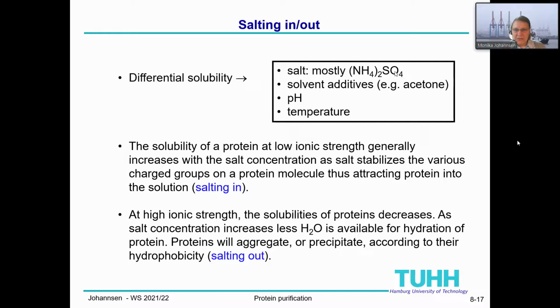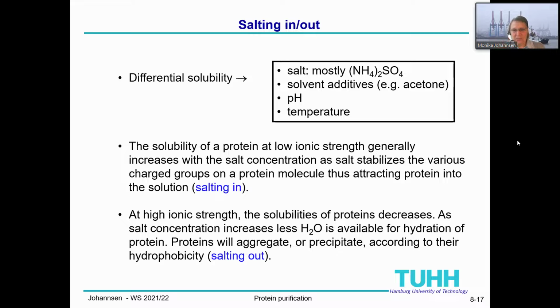But let's focus on the salt concentration, which corresponds to the ionic strength. And the effect is that the solubility of a protein at low ionic strength generally increases with increasing salt concentration. And this is because the salt stabilizes the charged groups on the protein molecules and thus attracting the protein into the solution. Now, this part of this mechanism is called salting in.